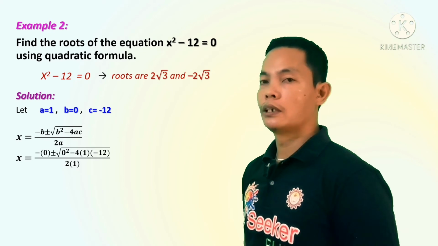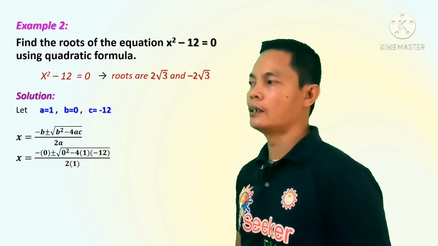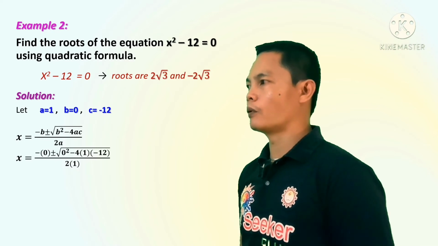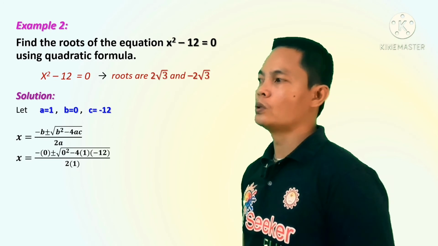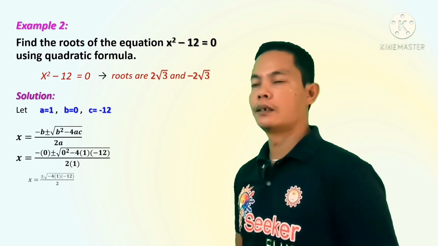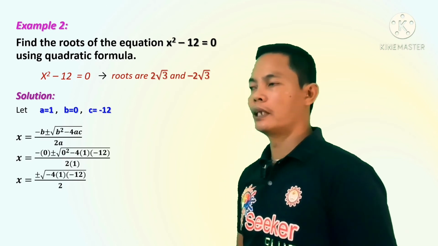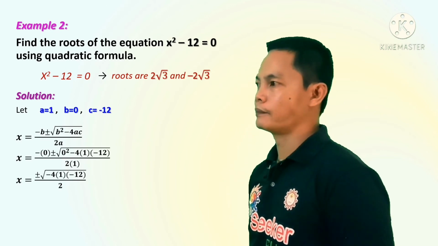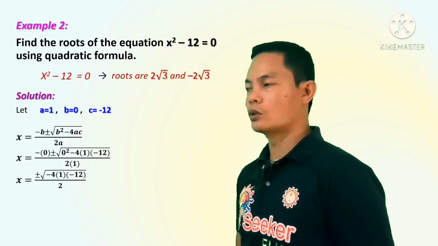X equals to negative 0 plus or minus square root of 0 squared minus the product 4 times 1 times negative 12 all over 2 times 1. Then, x equals to plus or minus square root of negative 4 and 1 times negative 12 all over 2.